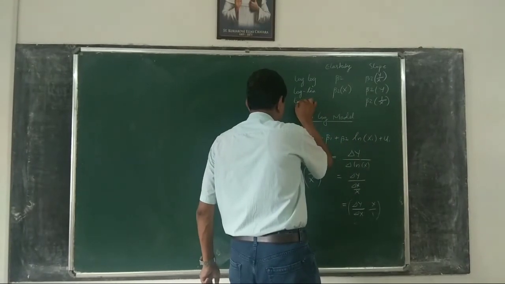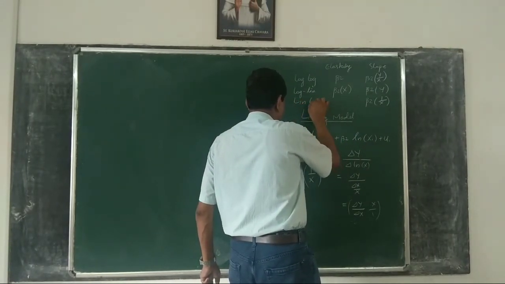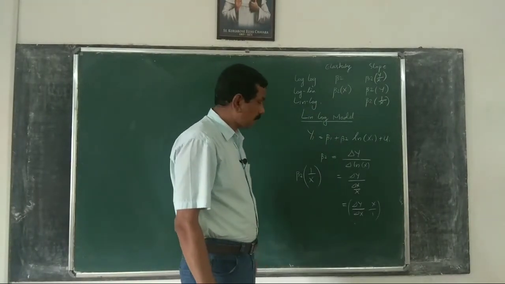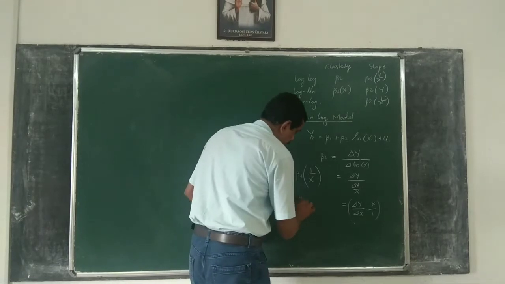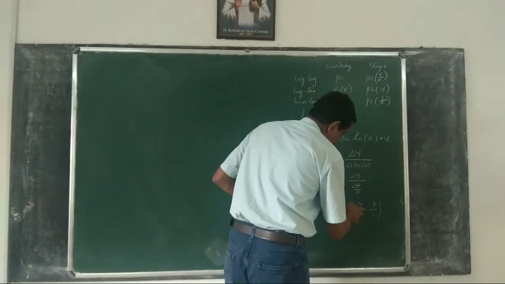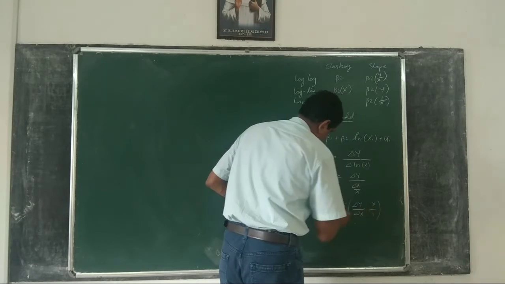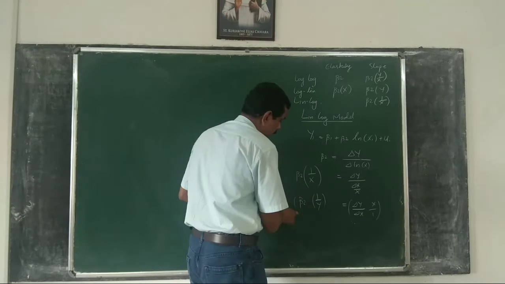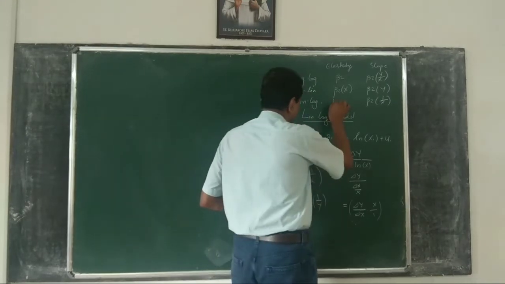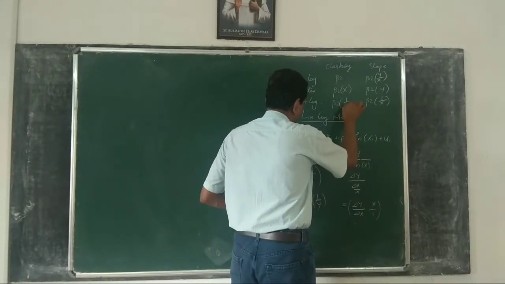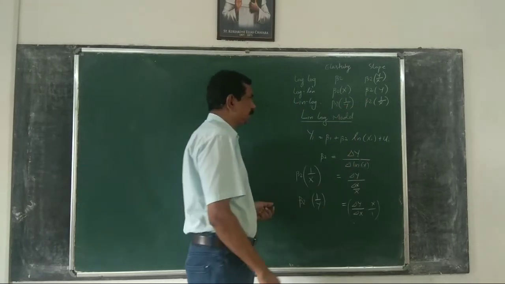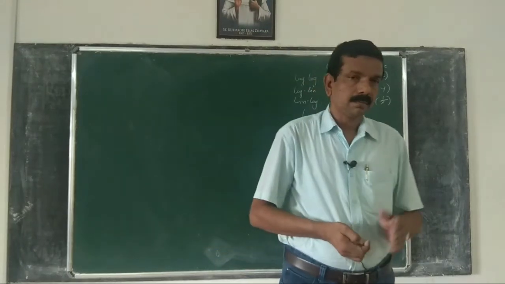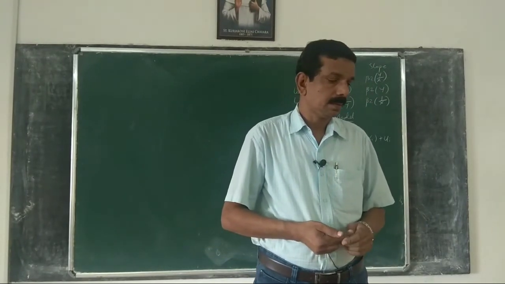In the Lin-Log model, slope is beta 2 into 1 by x. And what is elasticity? Elasticity is delta y by delta x into x by y. So, beta 2 into 1 by y is elasticity. Beta 2 into 1 by x is slope.